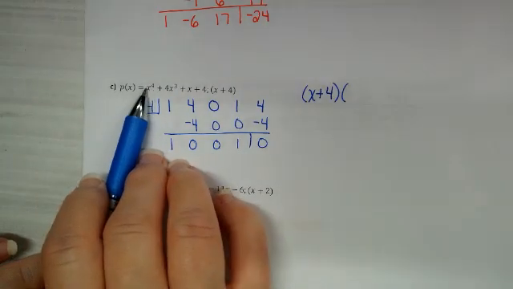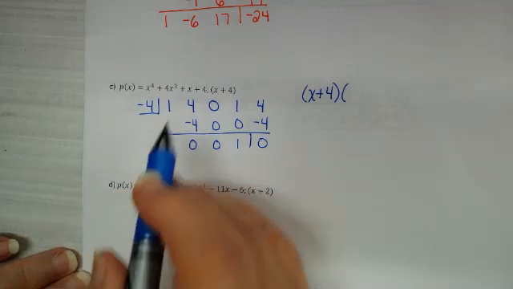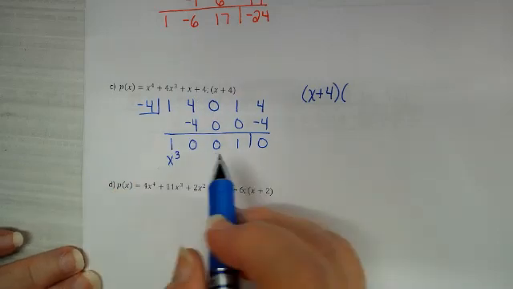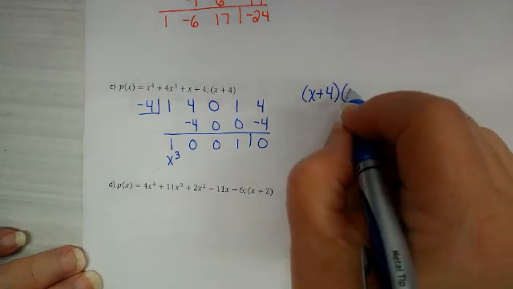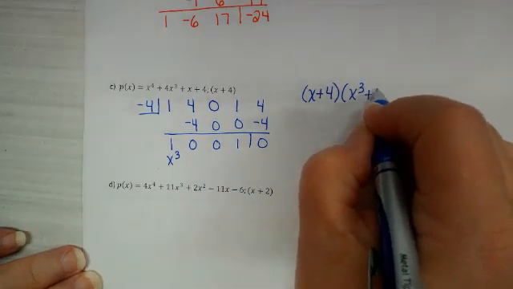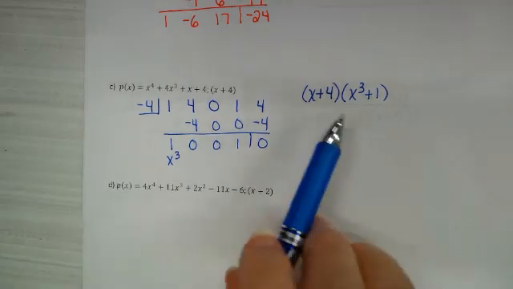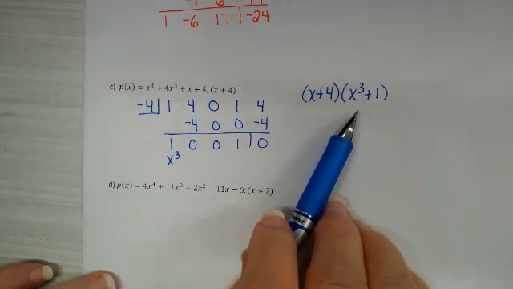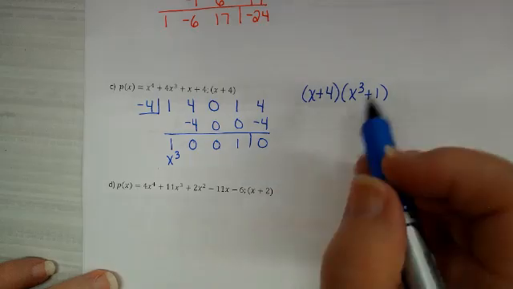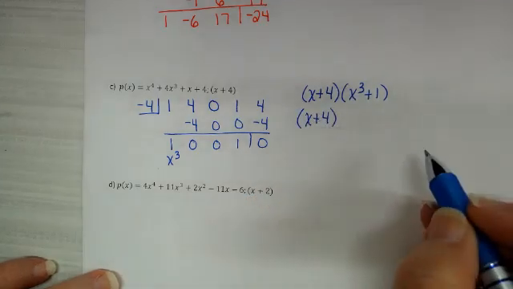Now notice we started with x to the 4th, so when we divided by x, this one is x to the 3rd. X squared, x to the 1st, constant. So this is x to the 3rd plus 1. So our job now is to see, can I factor this any further? And I hope you say yes, because x to the 3rd plus 1 is my sum of cubes.